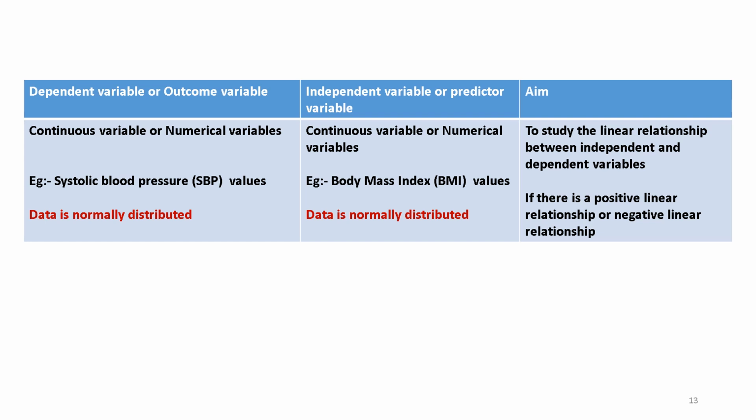How to study if there is a linear relationship between independent variable and dependent variable, if there is a positive linear relationship or negative linear relationship, we can apply correlation test. Because data is normally distributed, you have to apply a parametric correlation test. That is Pearson correlation test.